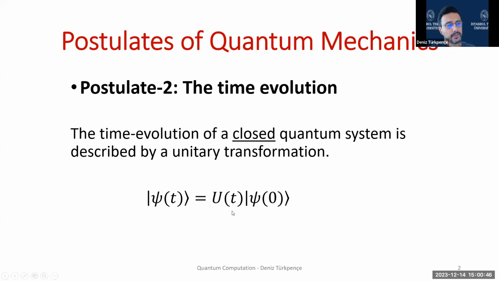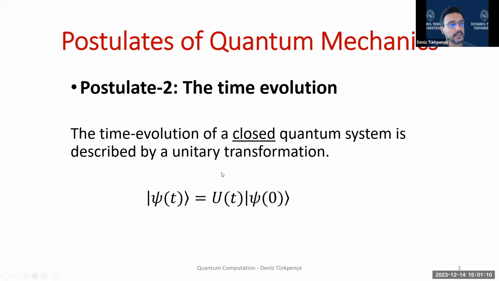Here, explicitly, we can see that. Assume that we have an initial state psi when the time is 0, which means that this is an initial quantum state. And when we apply a unitary gate to that, we obtain the quantum state at a later time. Okay, so this is that simple.